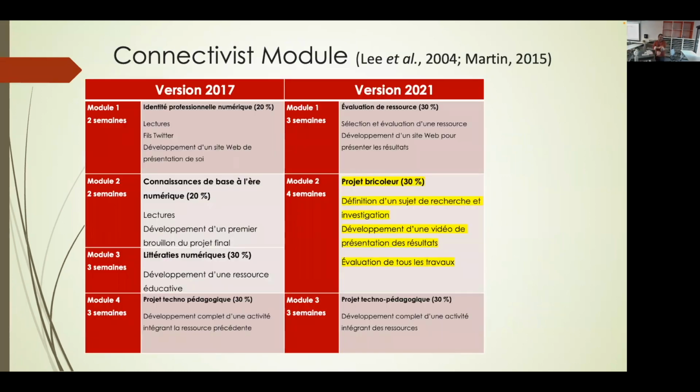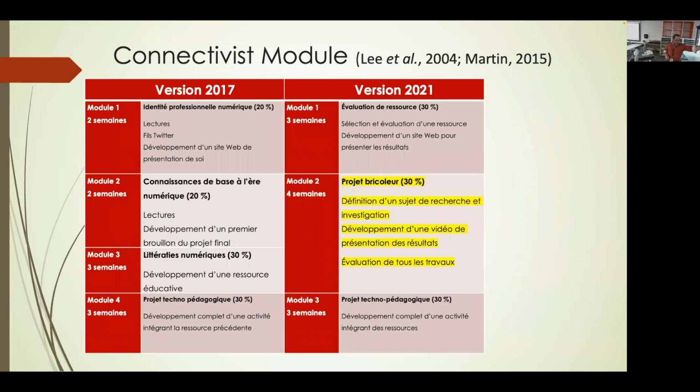Before that, they had to write a scenario for a resource, and develop a resource adapted to their curriculum for the children. It was really prescriptive.